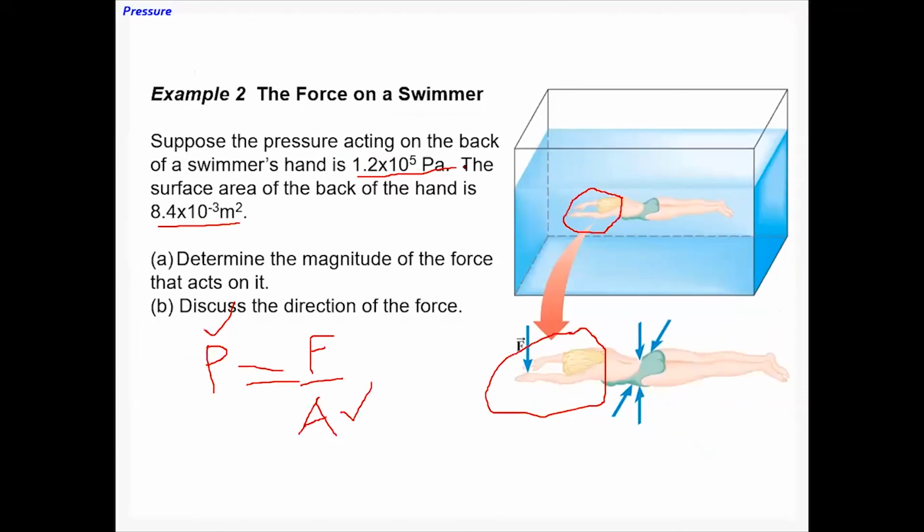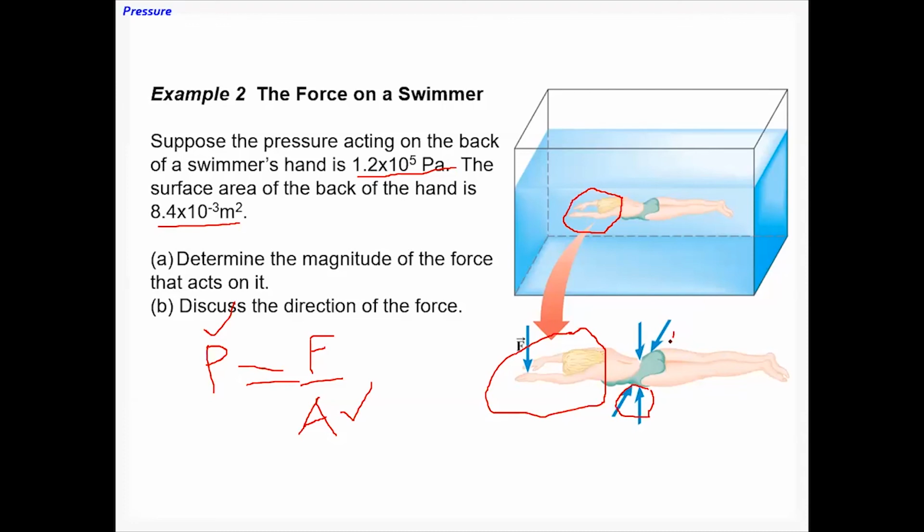Now, what is the next question we have to answer? Discuss the direction of the force. Look at this picture here and tell me the direction of the force. On the back, what is the direction of the force? Downward, right? On the front part of your body, the force is upward.